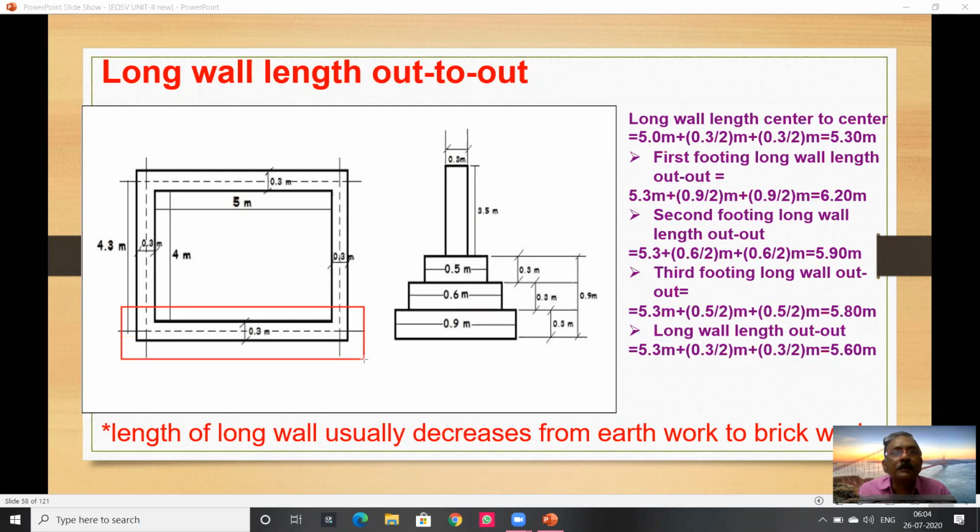Now coming to your second footing, if you see the plan, it will be less than your first footing on both sides, in both the long and short directions, longitudinal or transverse. The width is less, 0.6 meters.